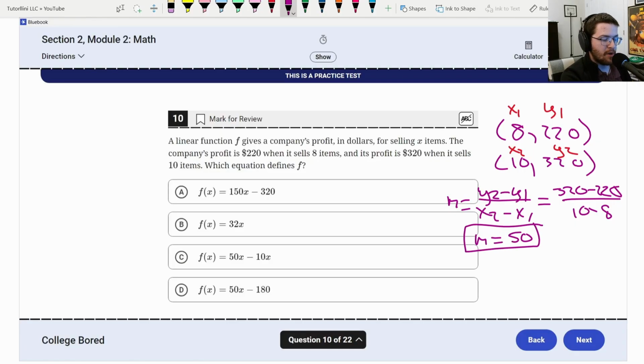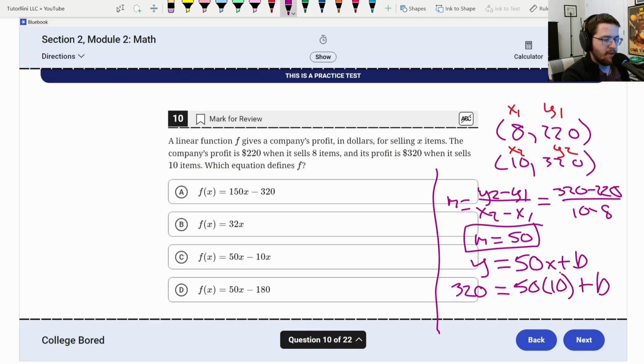We will next write the partial equation, y equals mx plus b. Because the slope is 50, we have y equals 50x plus b. And then we will plug in a point to solve for b. How about I use 10, 320? It doesn't matter which one you use as long as it's on the line. So 320 equals 50 times 10 is 500 plus b.